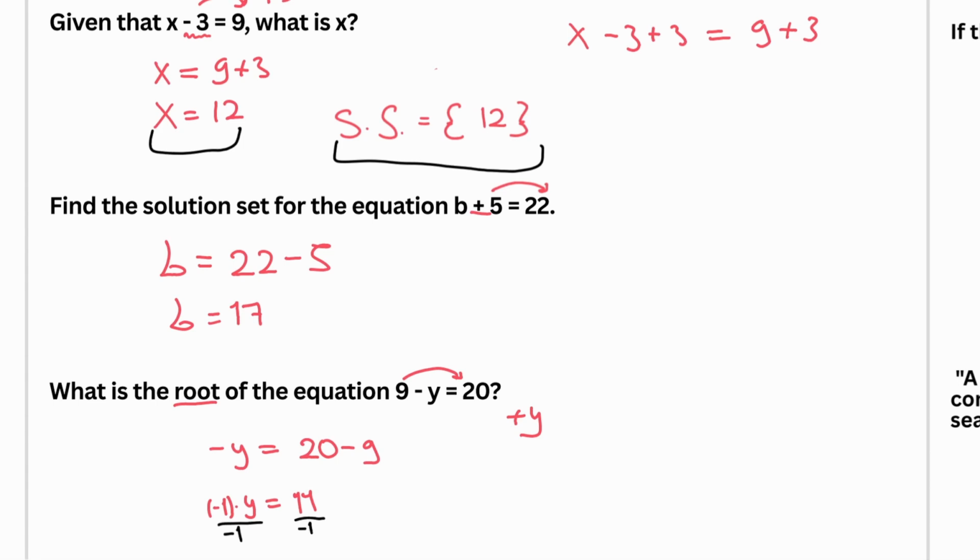We do that for both sides to not mess with the equality, to keep the equality. If we divide, we're going to get rid of those, and we're going to be left with y equals 11 divided by -1, which is -11. If you remember from the second video. And so the root is -11.